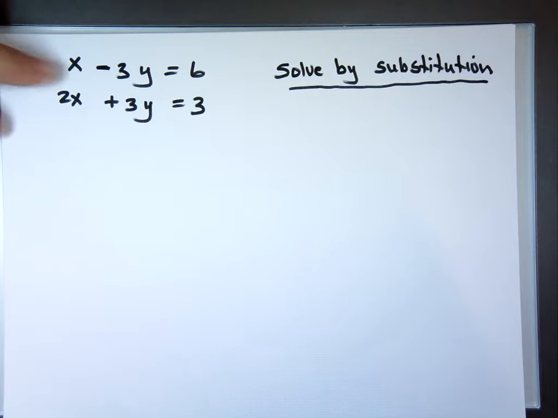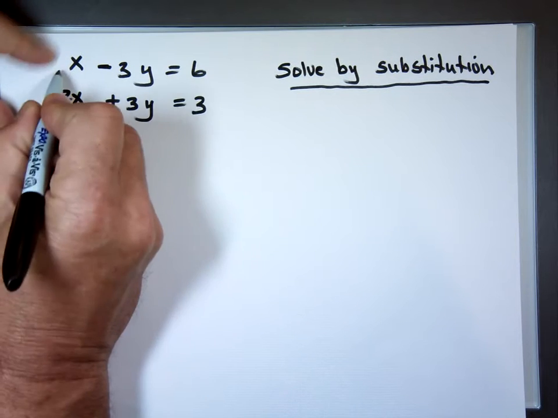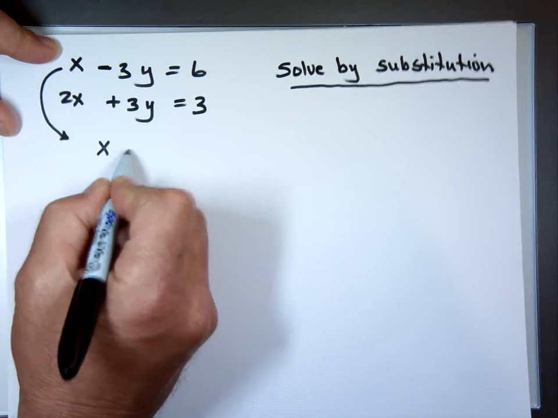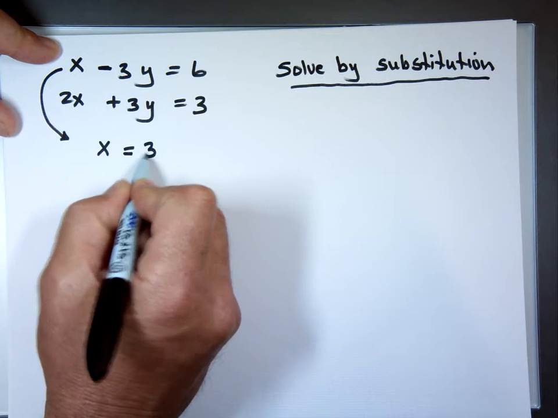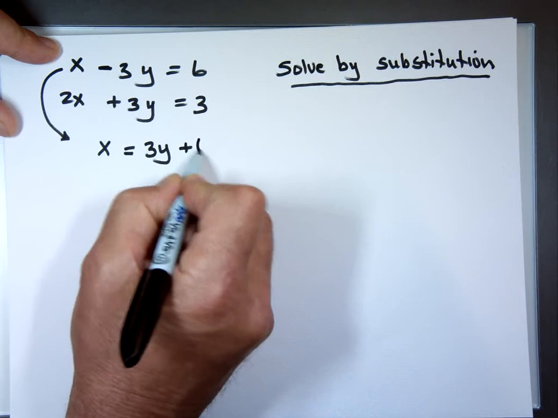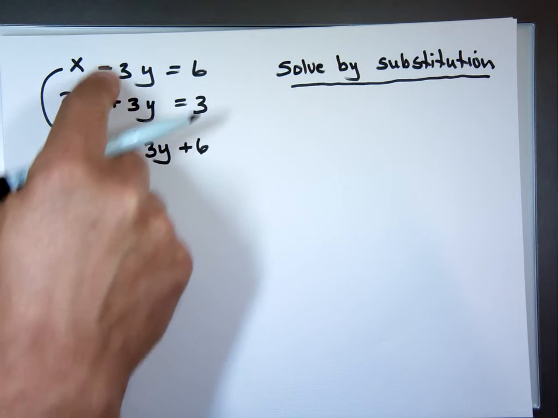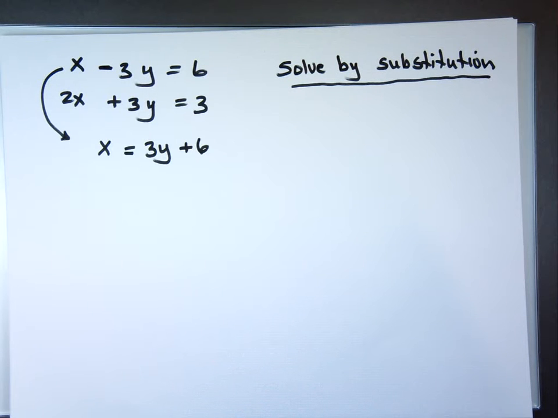If you solve for x in the top one, you will have x equals 3y plus 6. Notice you move the minus 3y to that side. The reason it's better to solve for x is because if you solve for y, you've got to divide by 3 or negative 3, and you're going to be dealing with the fractions. And nobody wants to deal with the fractions unless you have to.